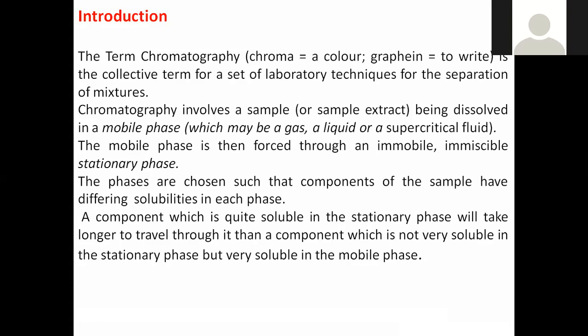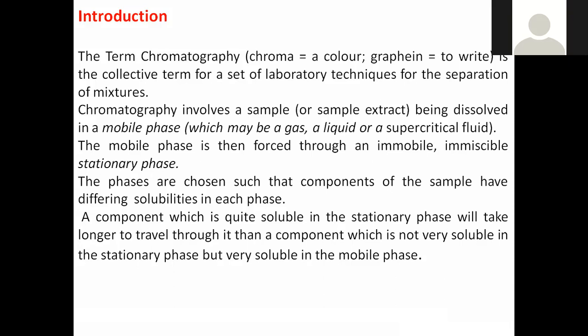The phases are chosen such that the compounds of a sample have a differing solubility in each phase. The compounds to be separated are loaded on the column or the medium. So the compounds are separated in the medium.